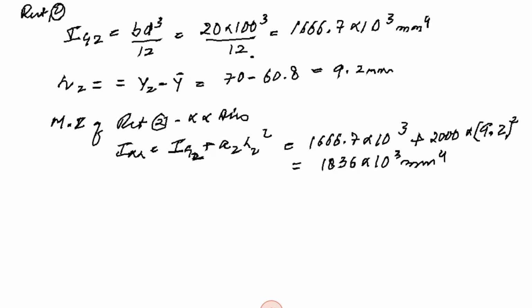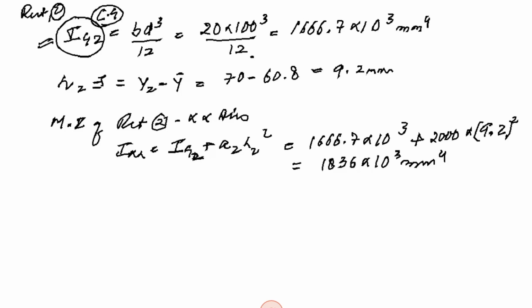And what was Ig2? This was the moment of inertia of rectangle 2 about an axis passing through the center of gravity, CG, and that comes out to be BD cube by 12.